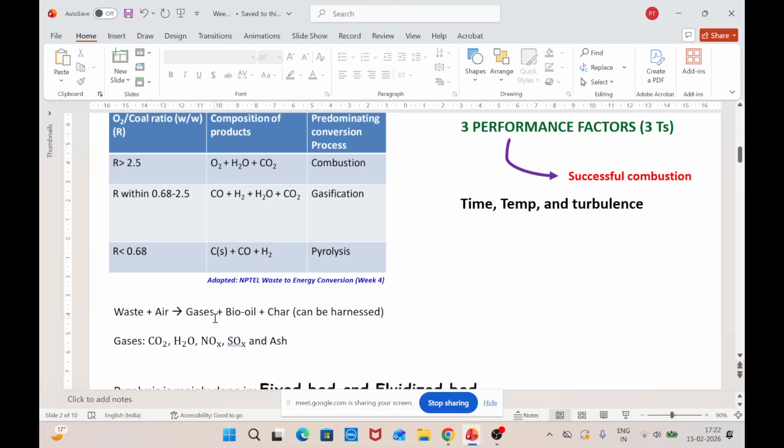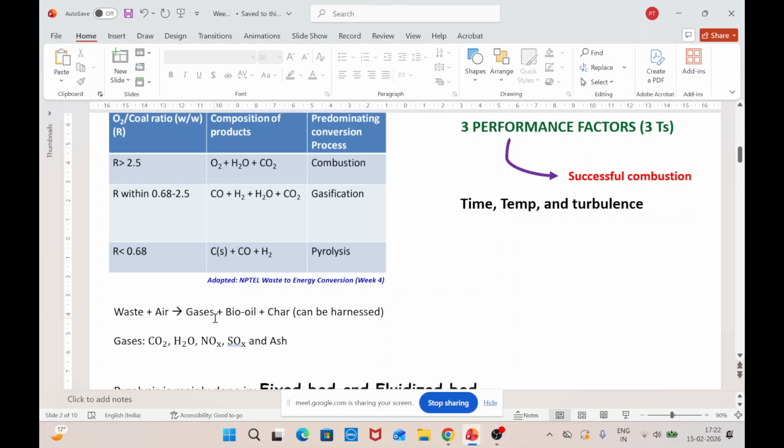The basic thing we want to look at here is that, unlike combustion and gasification, which are straightforward reactions where you burn the waste material along with air upon the application of heat, in pyrolysis you typically don't get just gases alone; you also get bio oil and char. The major reason is that the pyrolysis process can be separated into a primary phase and a secondary phase.